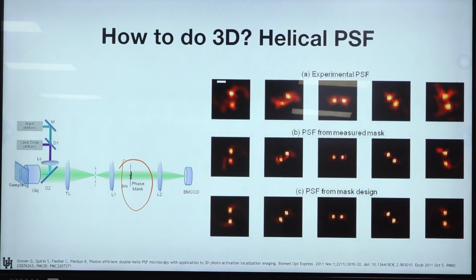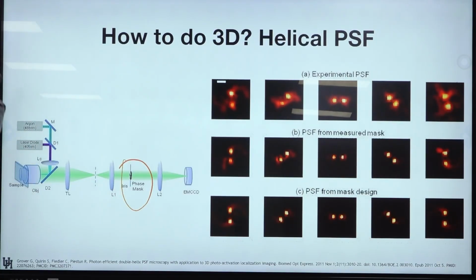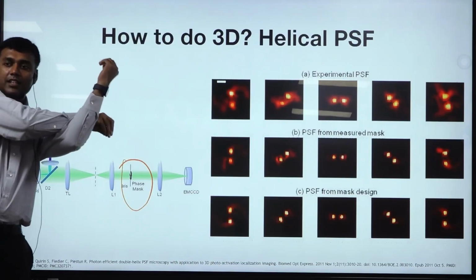In other words, imagine two dots, and as you move along Z you rotate the dots. If you move the two dots along Z and rotate them, what happens? You get a helix, right?